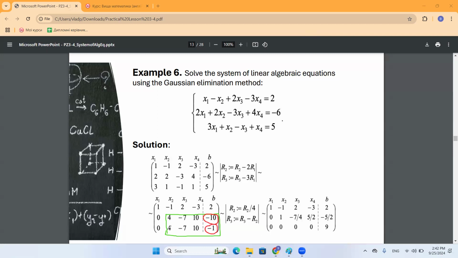So we eliminate this row of coefficients, and what we actually have is zeros here, so 0x1 plus 0x2 plus 0x3 plus 0x4 equals 9. But it is impossible. So it means that this system has no solutions. So, any questions about that?